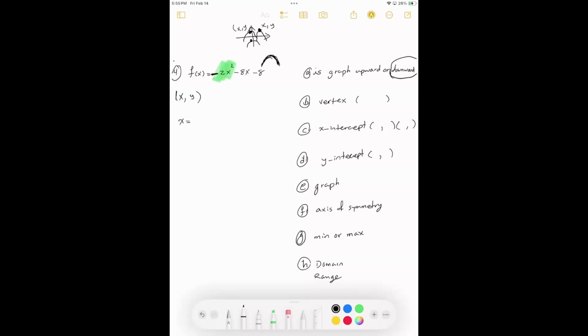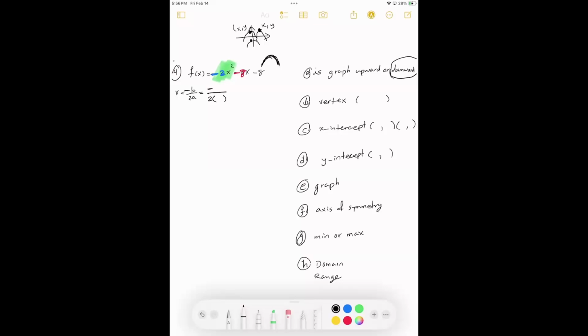That formula says to find the vertex, you are going to use this formula: minus b over 2a. So what is our a here? This is our a, negative 2. What is your b here? Your b is negative 8. So you put negative b on top, and 2 times a on the bottom.